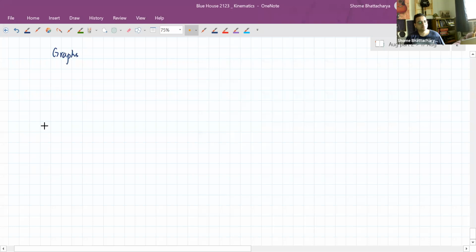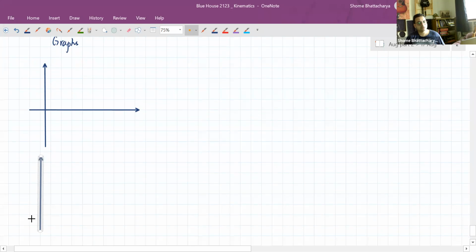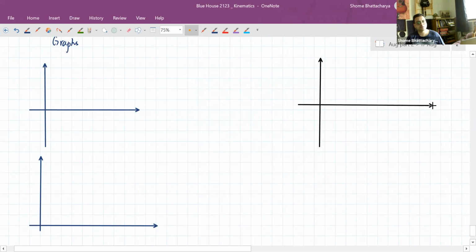So we will separately plot the x component of motion in terms of vx and x as functions of time, and we will separately plot the y component of motion in terms of Vy as a function of time and the y component of displacement as a function of time.